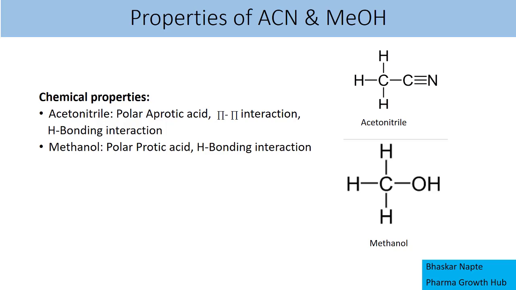Now, why is the hydrogen bonding possible? Because on methanol, there is the presence of the OH or hydroxy group. Oxygen is a highly electronegative atom and it can partially polarize the molecule. It will generate a slightly negative charge on the oxygen and a slightly positive charge on the hydrogen atom.